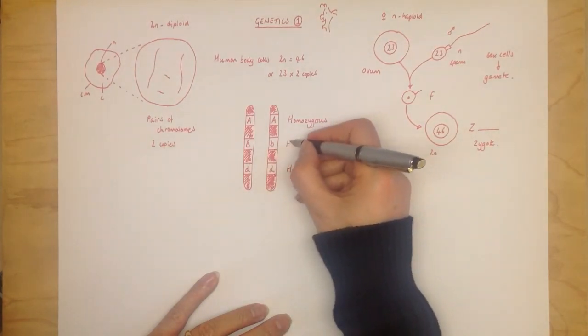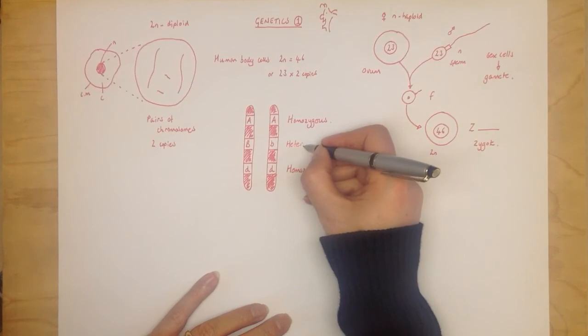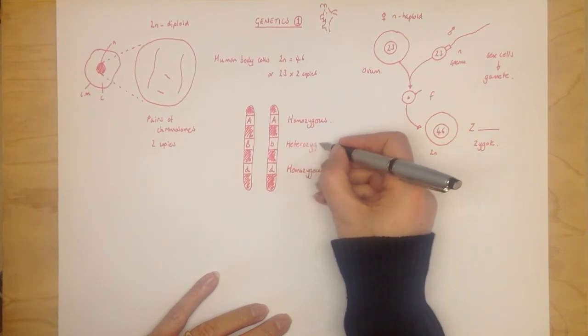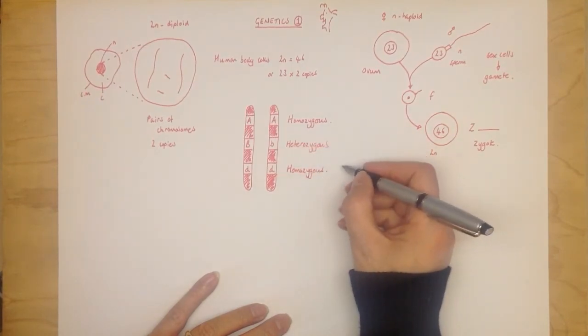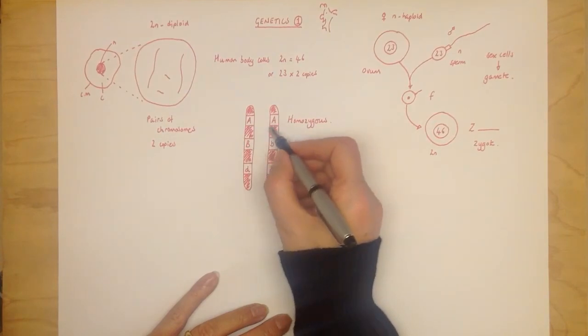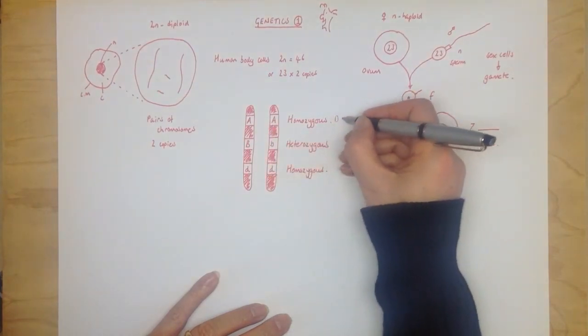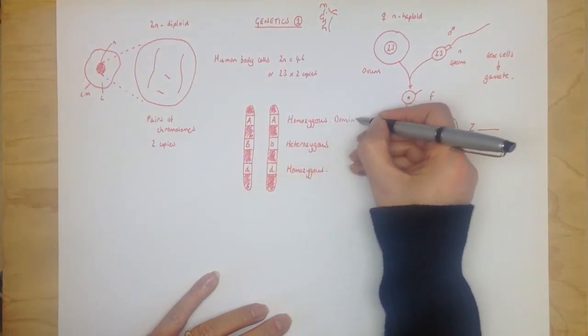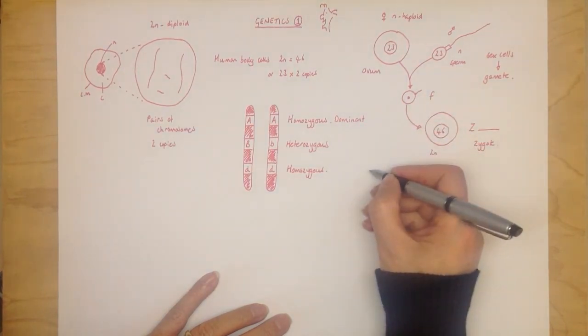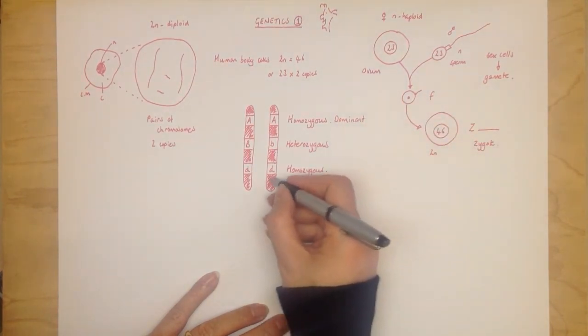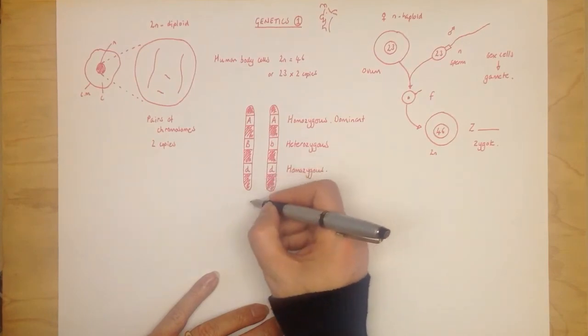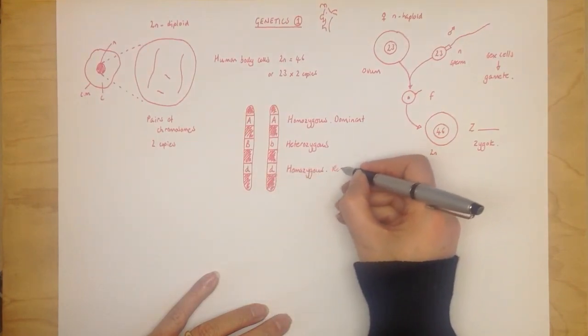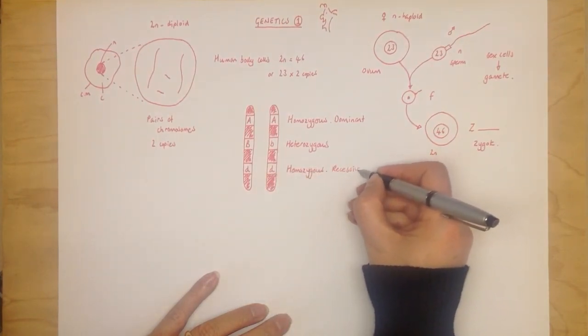So these are heterozygous. Now, because these are 2 capital letters, they are called dominant, and I'll explain that in the next video. Because these are 2 small lowercase letters, these are called recessive.